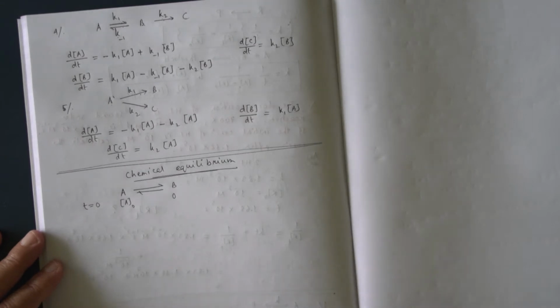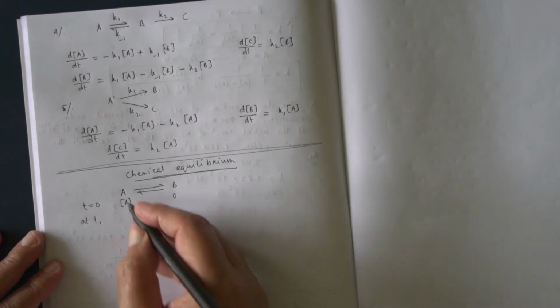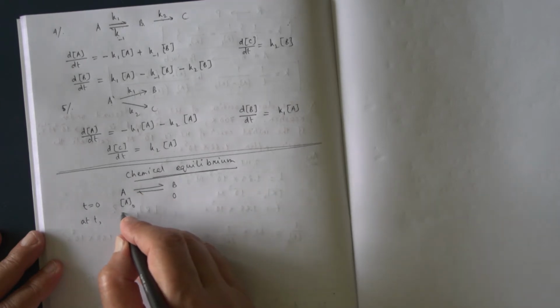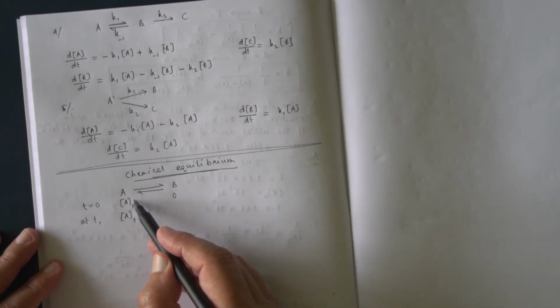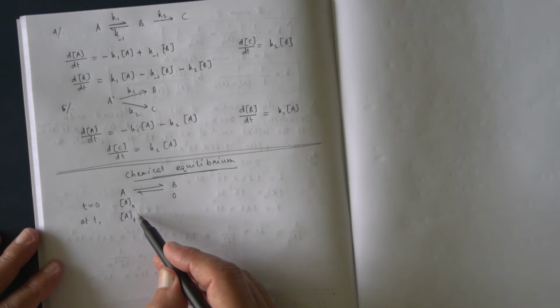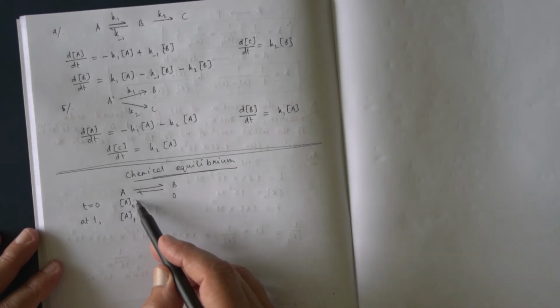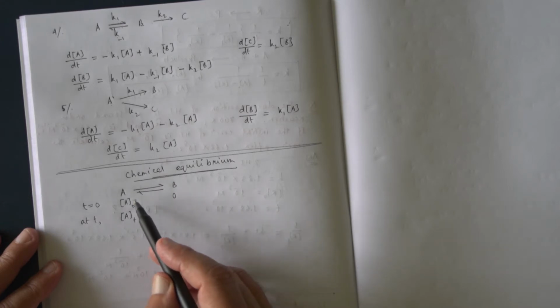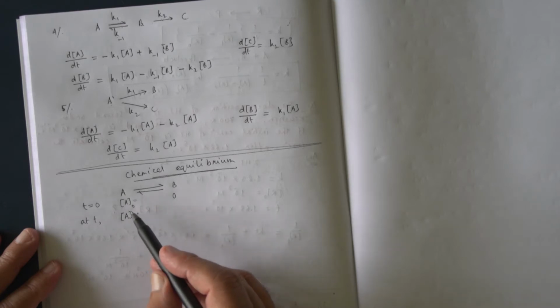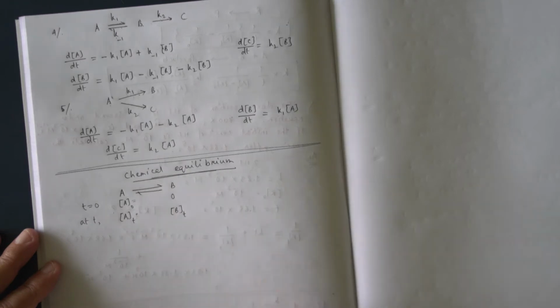So as time increases, at time t, the concentration of A decreases. Suppose it was 100, it may become say 20 or 30. After all, the concentration of reactant decreases and the concentration of product increases at time t.